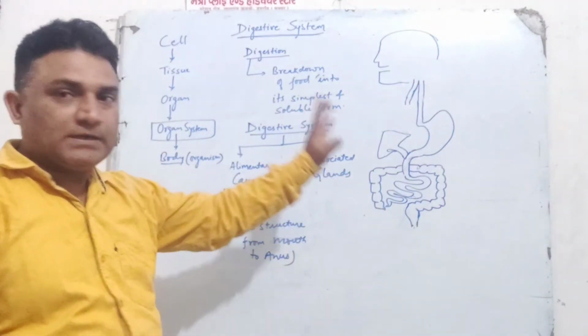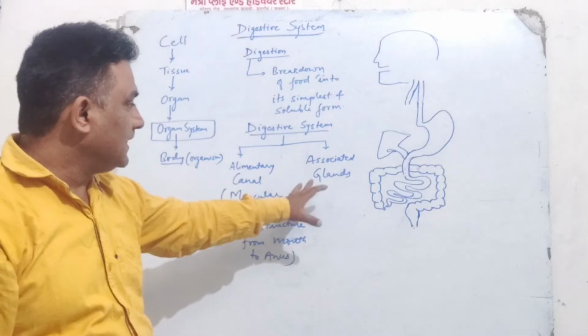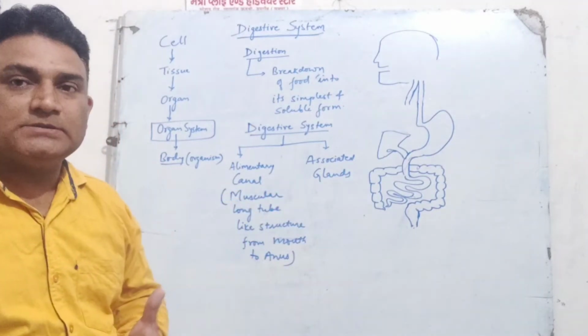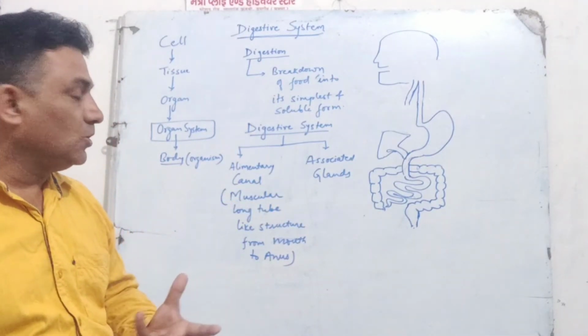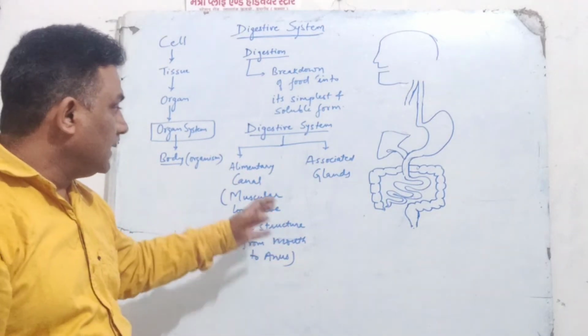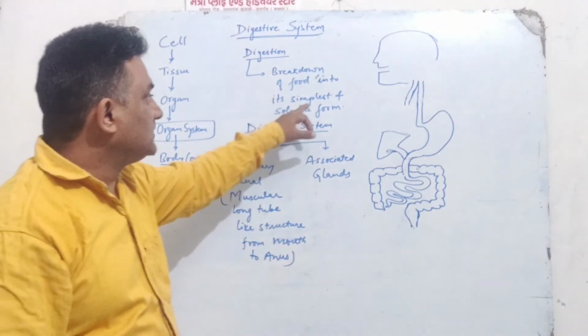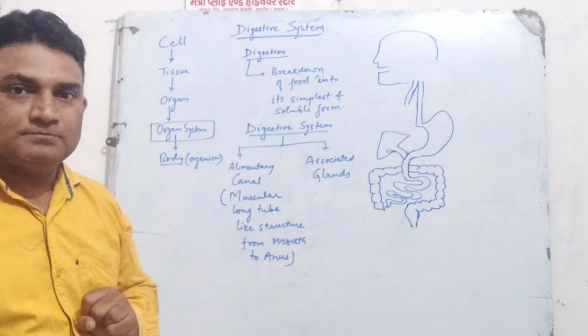And what do associated glands mean to us? Associated glands means the components or the glands which can secrete certain enzymes which will help the food to convert into its simplest and soluble form.